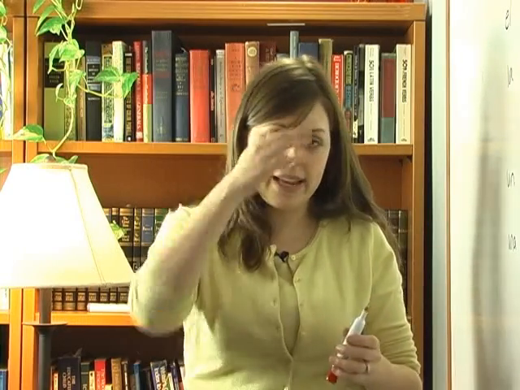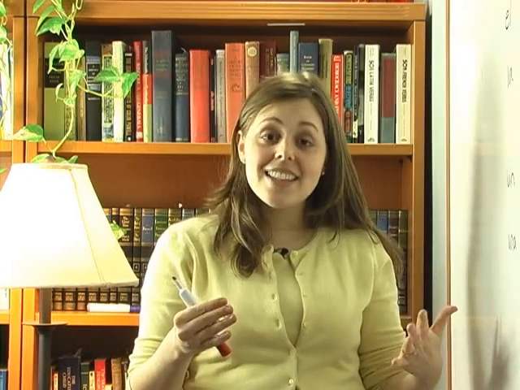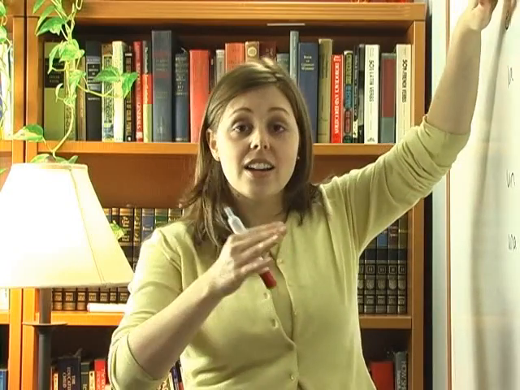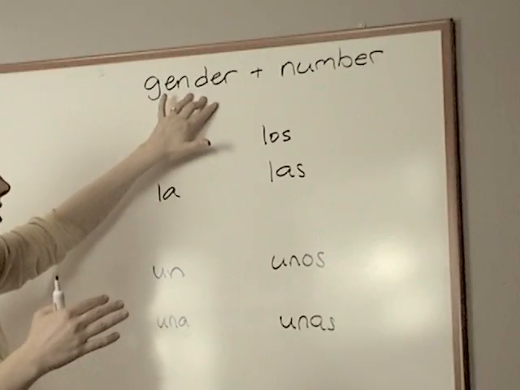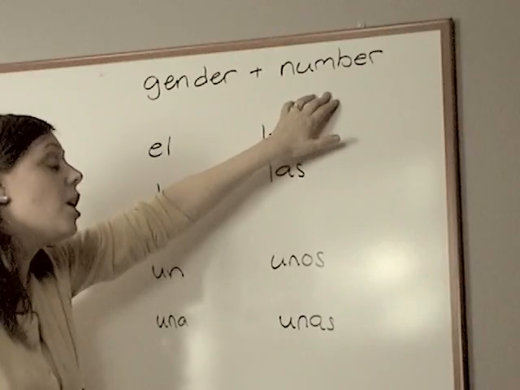You know whether or not you should use a or an by whether or not your word starts with a vowel. It doesn't really work that way in Spanish. We have 8 articles. That's a lot. And because nouns have 2 different genders and 2 different numbers, articles do too, so that they can match, so that they can coordinate perfectly.